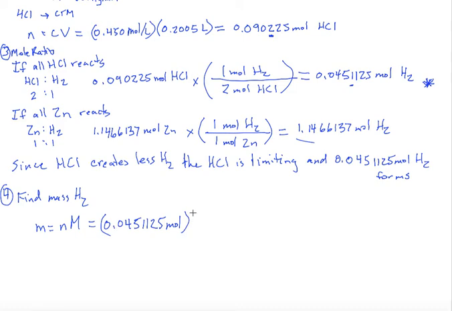And our molar mass was 2.02 grams per mole for hydrogen. And when we calculate that, we're going to get 0.0911275 grams, right?